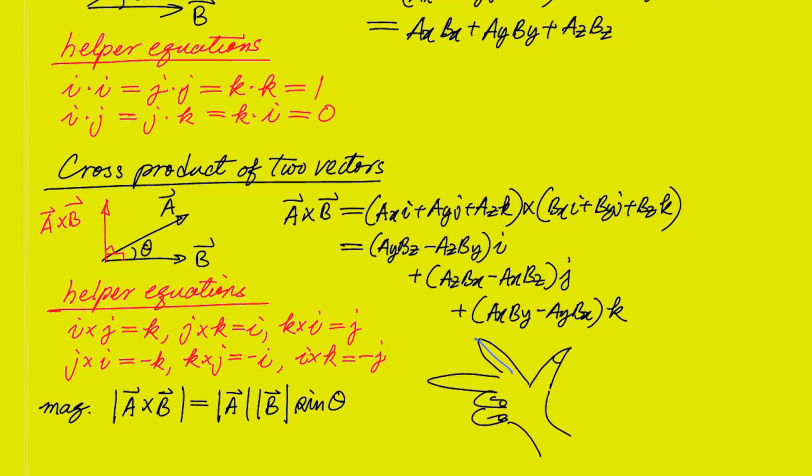We will use the index finger to indicate vector A and the middle finger to indicate vector B. And the result of the cross product will be indicated by the thumb, perpendicular to both the index and the middle finger as such.